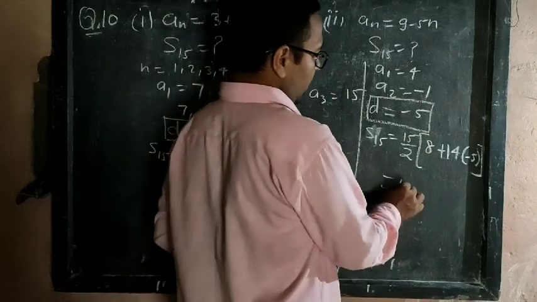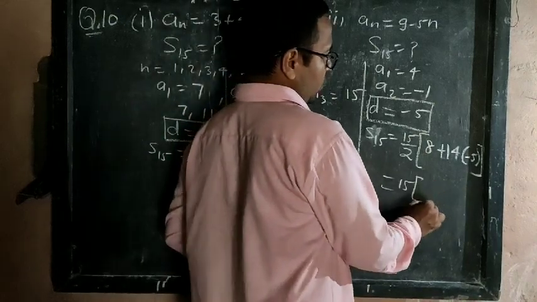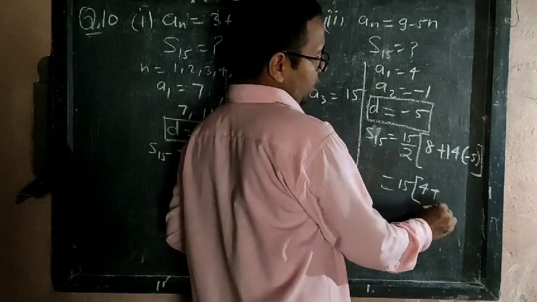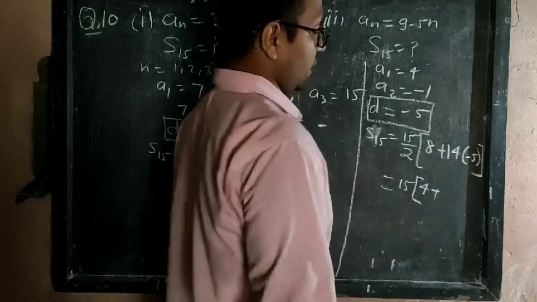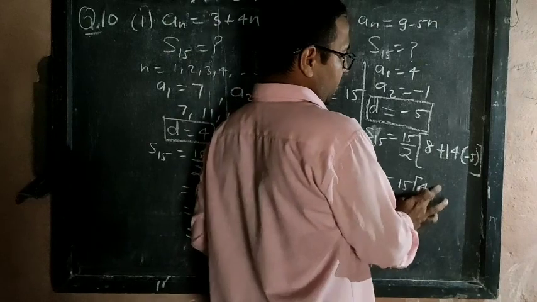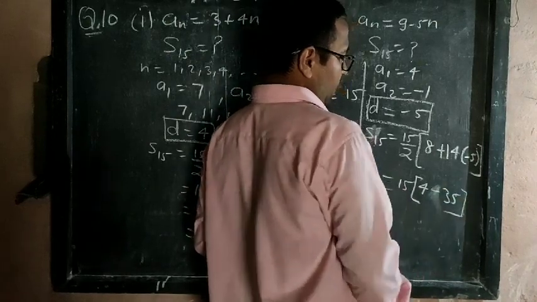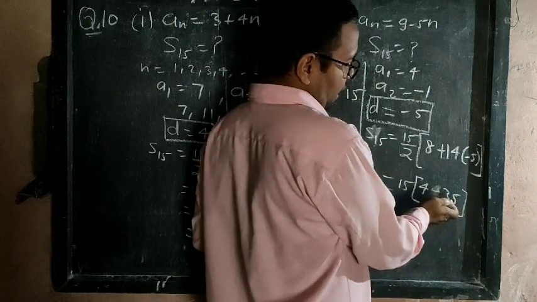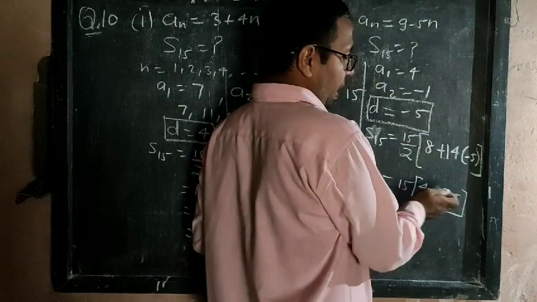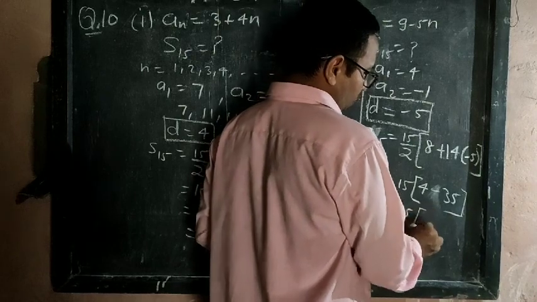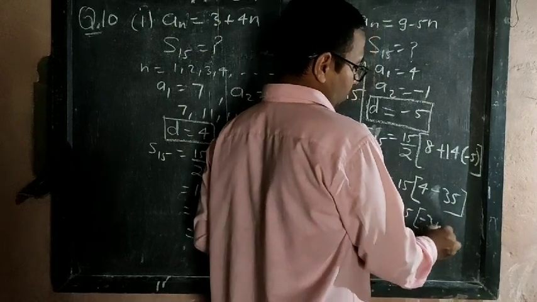So how much will you get here? 15, and here 4 plus 7 into 5, 7 fives are 35, just the negative sign, 35. So now 4 minus 35 is minus 31. So 15 into minus 31.